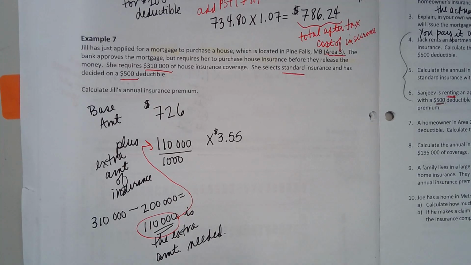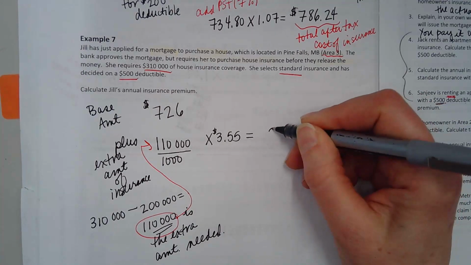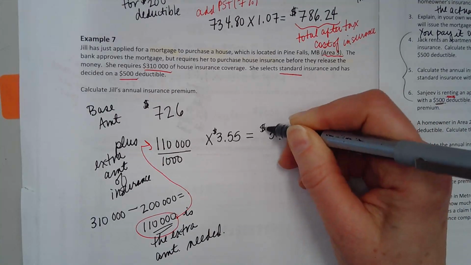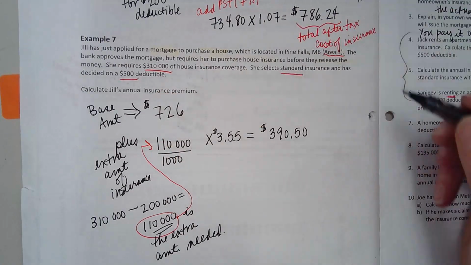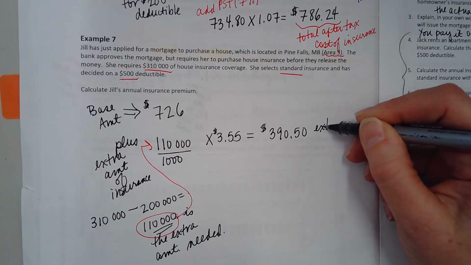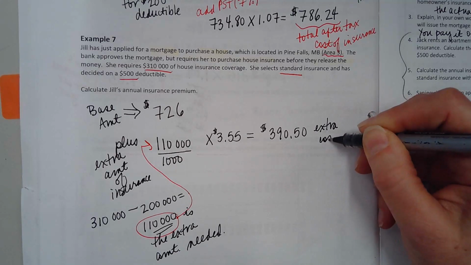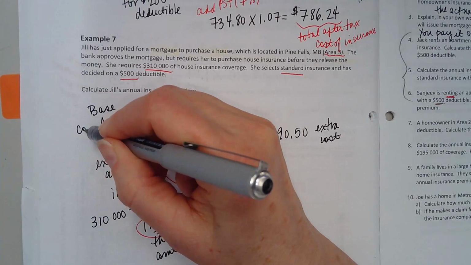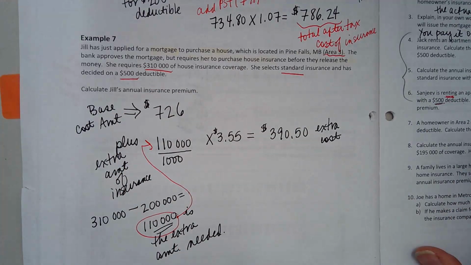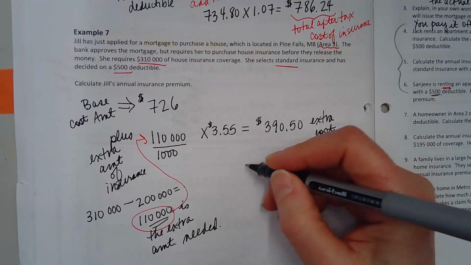Times 3.55. Okay, so I get the base amount, base cost, and this is the extra cost. Okay, so far, what do we have right now?